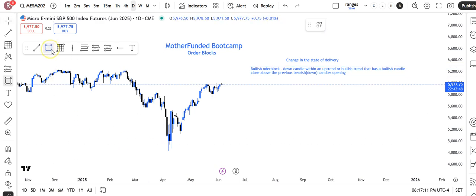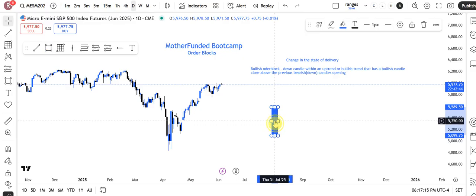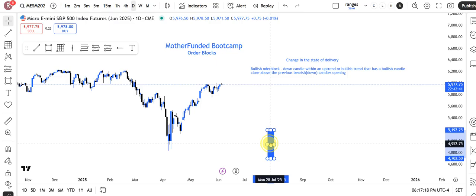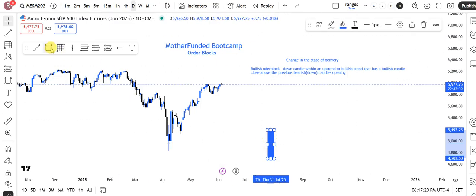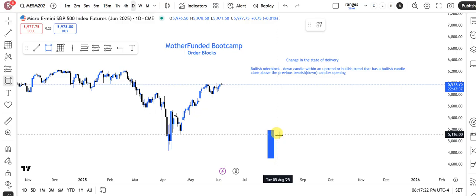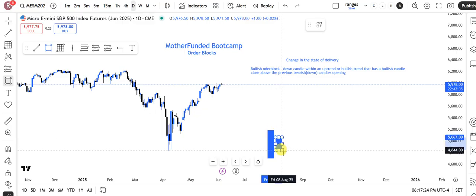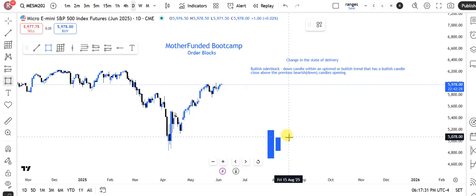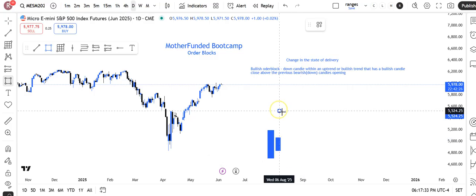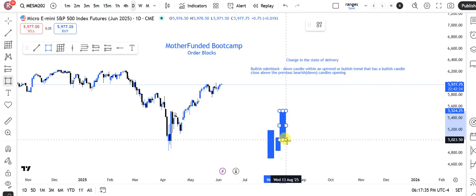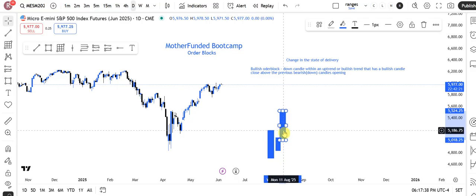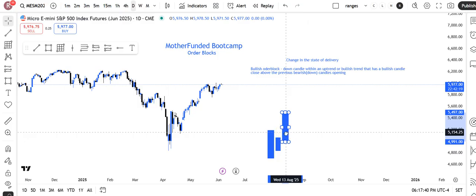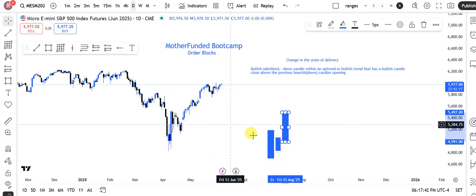So, to show it, let's say we have an uptrend. We've got candle one, and I'm not going to do wicks. Then we have a down candle like that, and then we have an up candle that closes above this candle's opening.